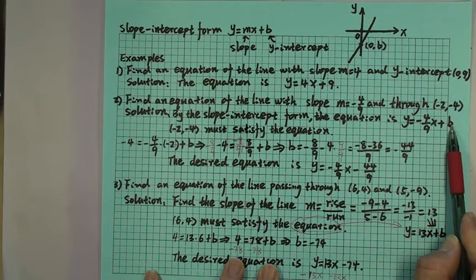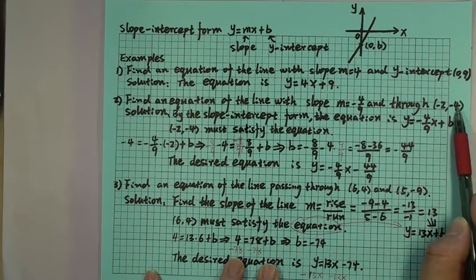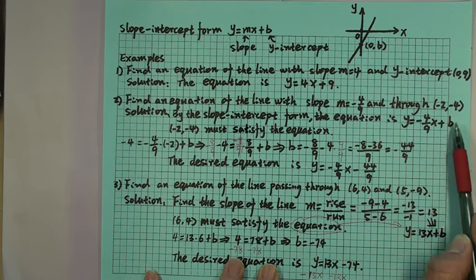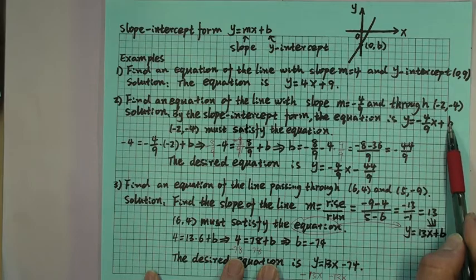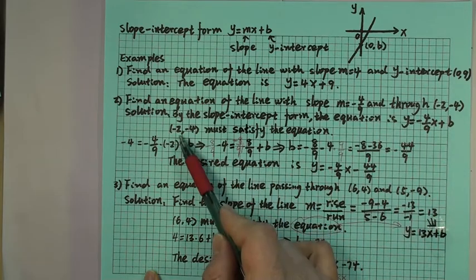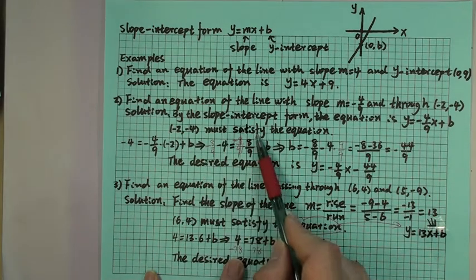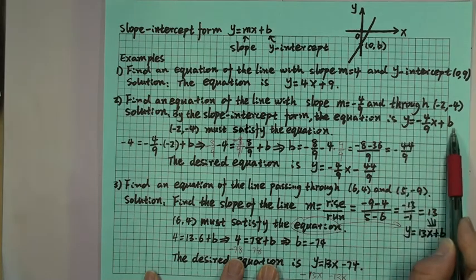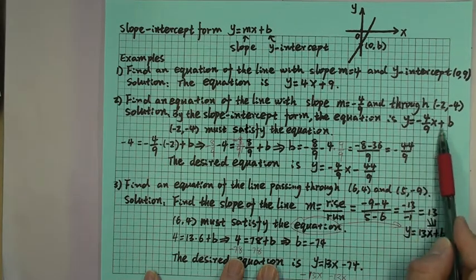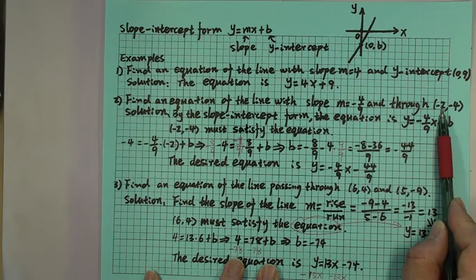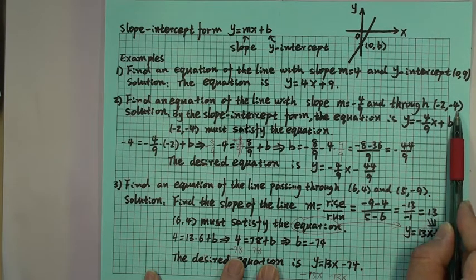B is the problem anyway, because we cannot plug in -4 into here. The reason is here is not 0, but -2. -4 must satisfy this equation, because this line passes through -2, -4.